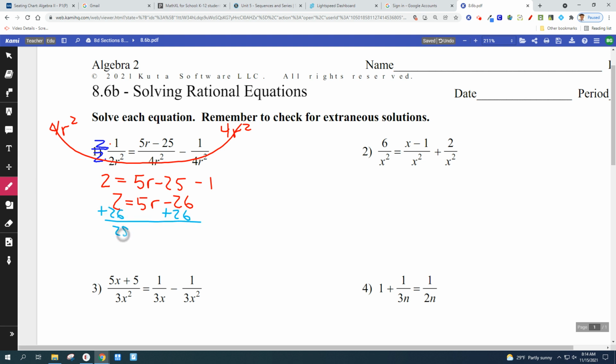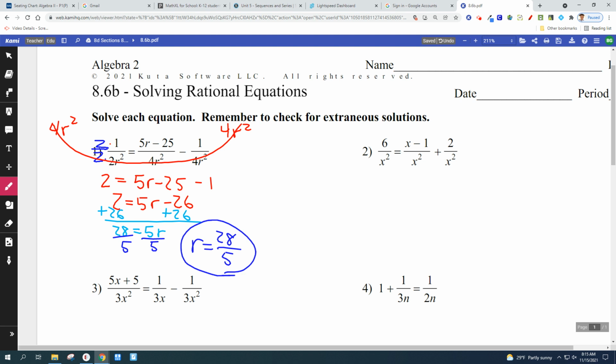So 28 equals 5r, and then divide by 5. r equals 28 over 5. Now you could plug that in on a calculator and figure out what decimal that is, or say it goes in 5 times with 3 left, or 5 and 3/5, 5.6. But your improper fraction is going to be fine.